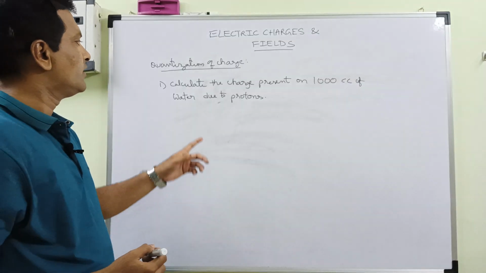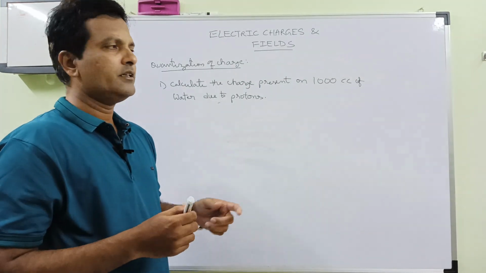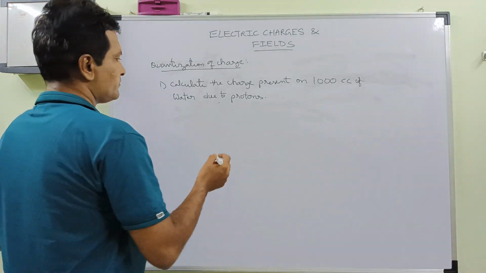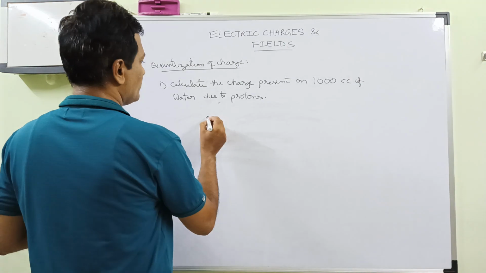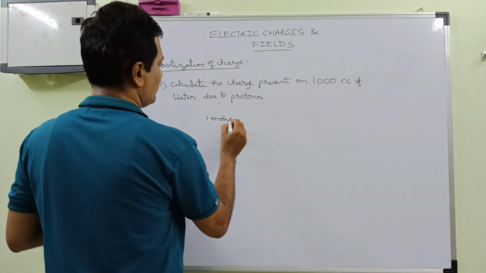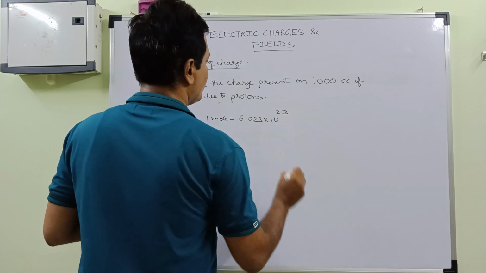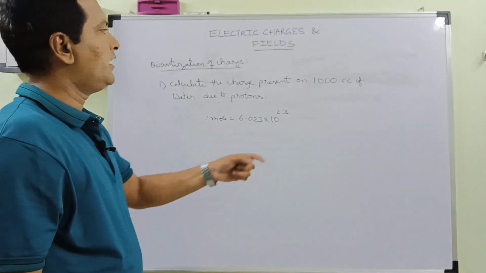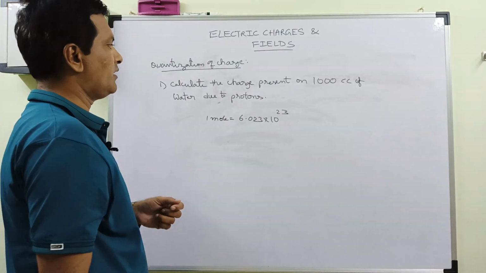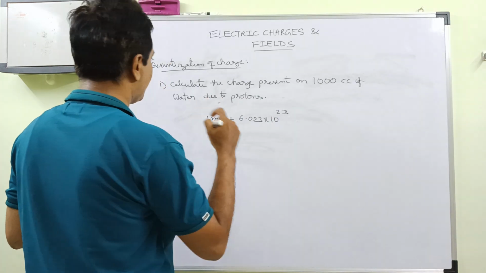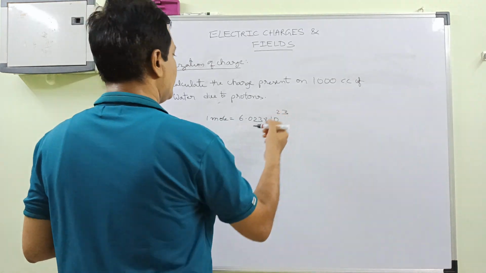We know that a water molecule has a gram molecular weight of 18. One mole of substance will have 6.023 into 10 to the power of 23 molecules. In this way, how many moles are there in 100 cc of water?